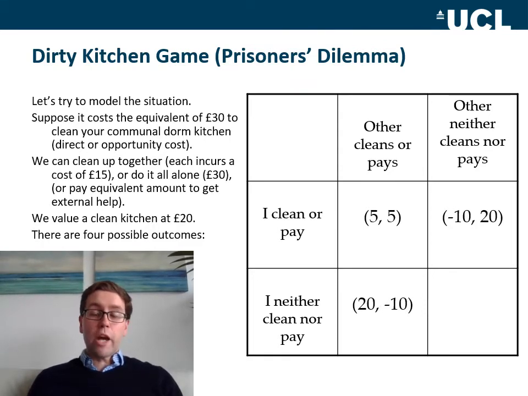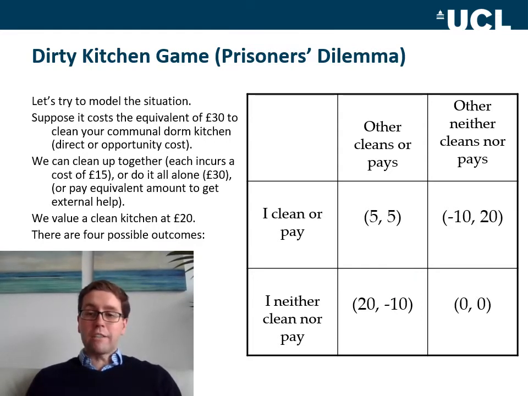What about the situation where I don't do it and you do it? Well, it's symmetric. I don't clean, so I get £20 worth of enjoyment out of the clean kitchen because you do it, and you incur £30 worth of pain and get £20 worth of benefit, so you incur minus 10.